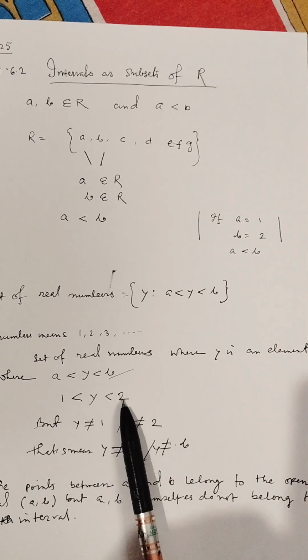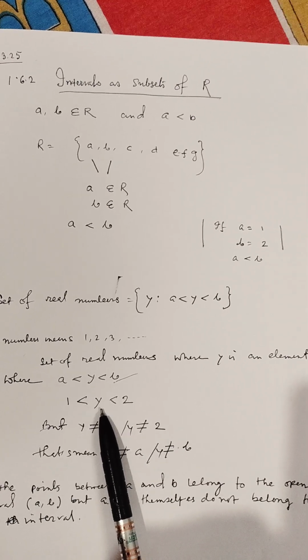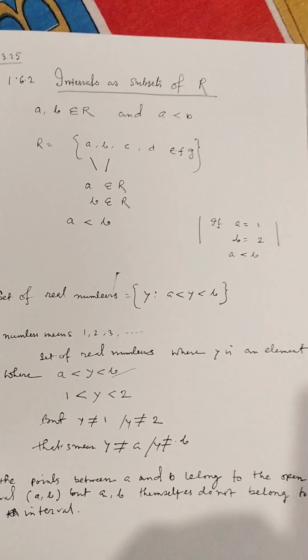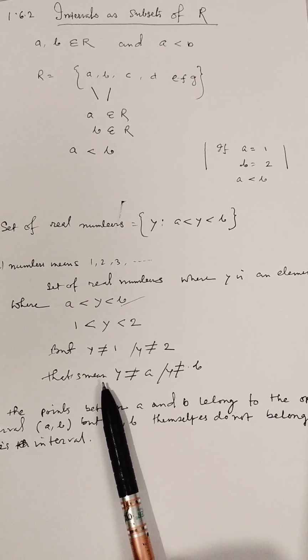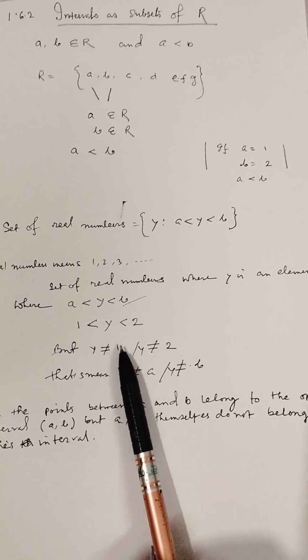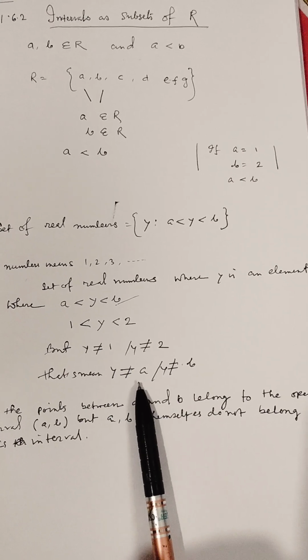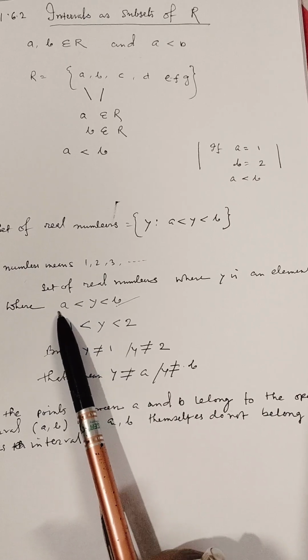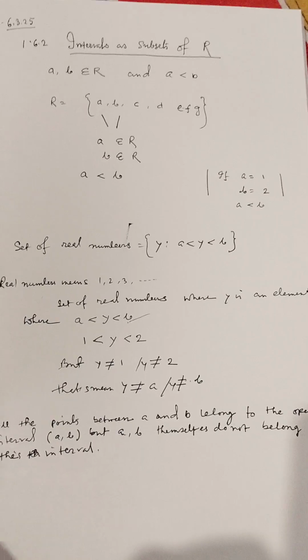Y is less than 2, not 2. So y is in between 1 and 2. That's why y is not equal to 1, that means y is not equal to a, and y is not equal to b.